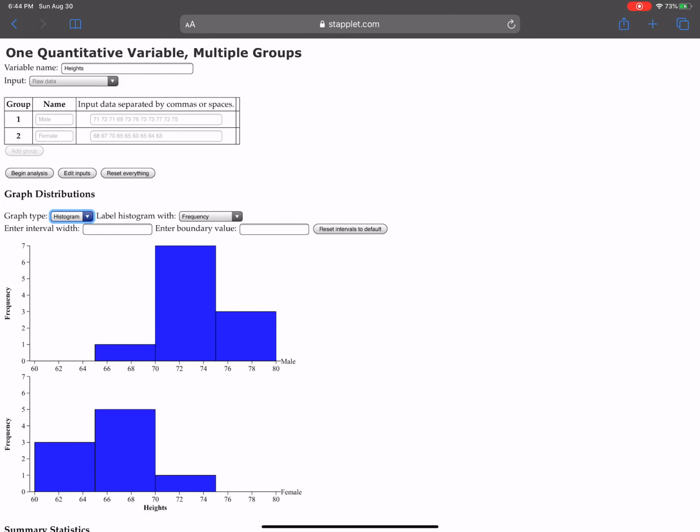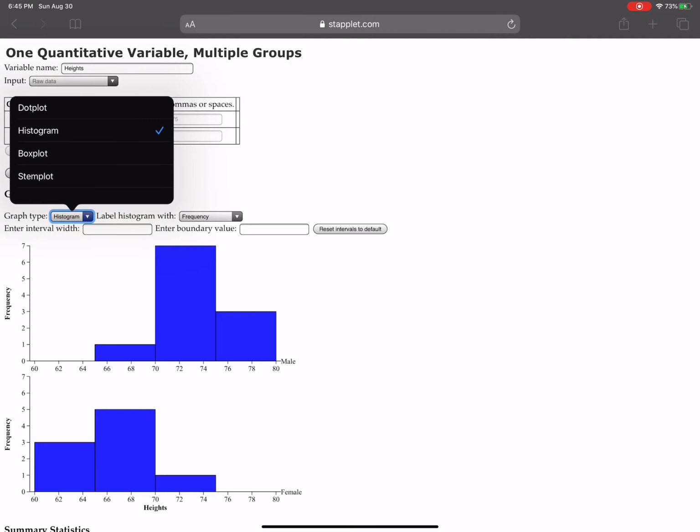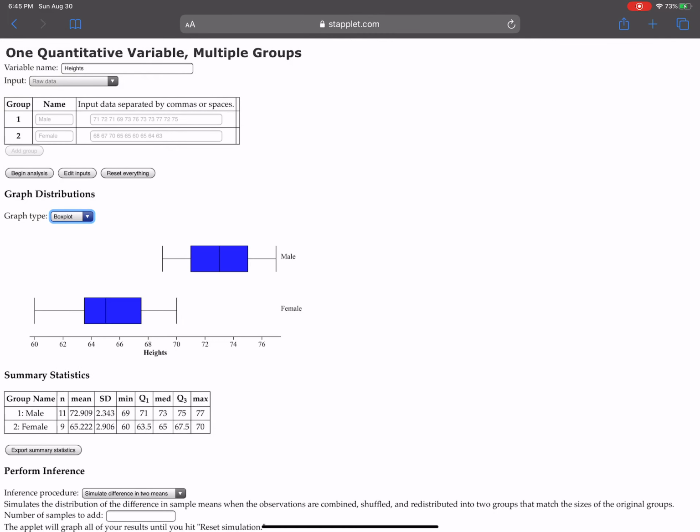You can compare histograms, but if you do that, I want you to notice that your x-axis is exactly the same for both of them. That's why histograms don't make great comparative plots, because you can't put them on the same scale. Notice on the box plots, where it says heights down here, I've got the box plots stacked on each other so that we're using the same scale.